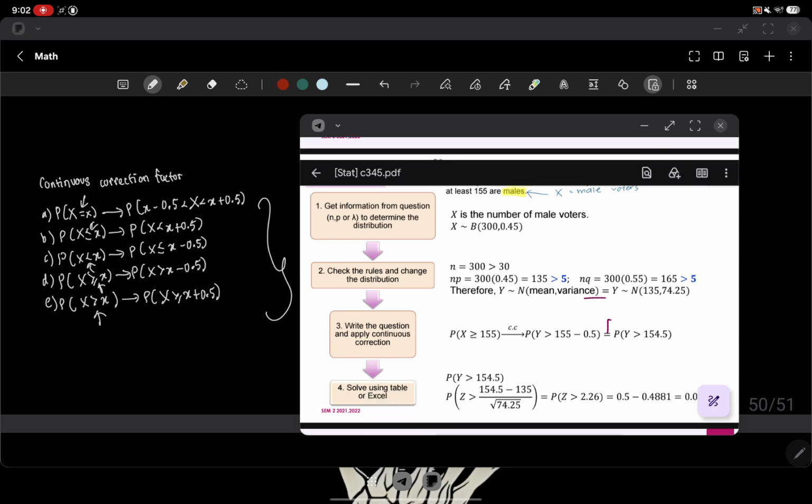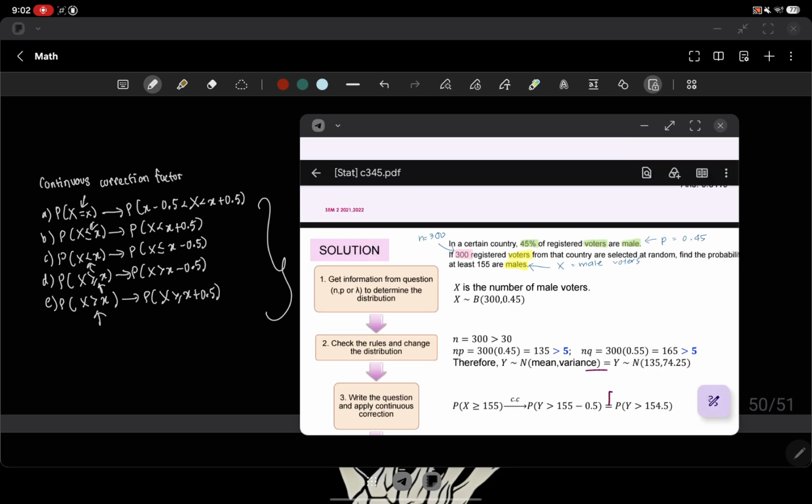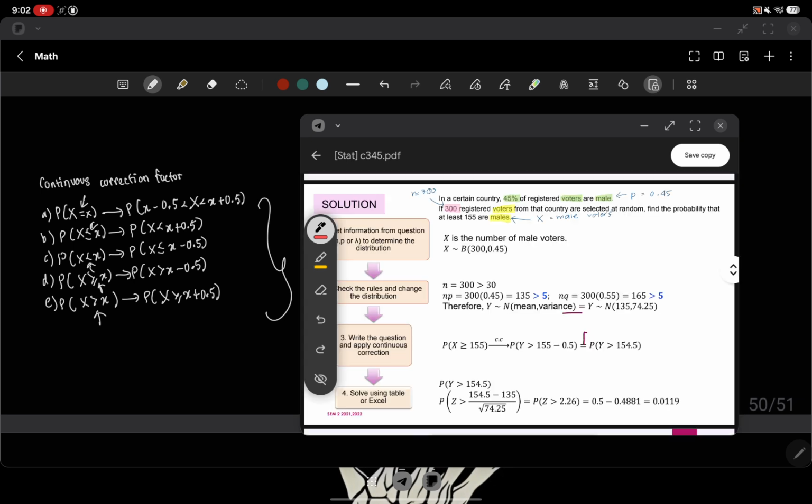For an example, in this specific question, we know that in a certain country 45% are male. Okay, if n is 300, at least 155, they say at least. Okay, so it's at least, you need to be familiarized with the wording here, at least. Now if we take the binomial distribution, we know that this is our n and this is our p.